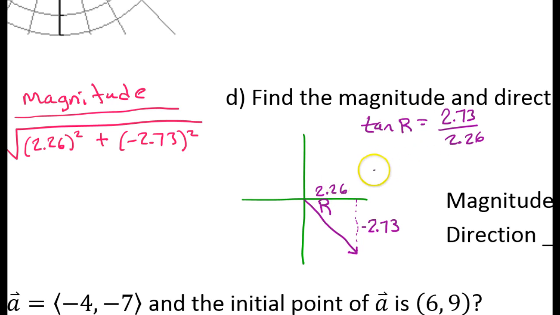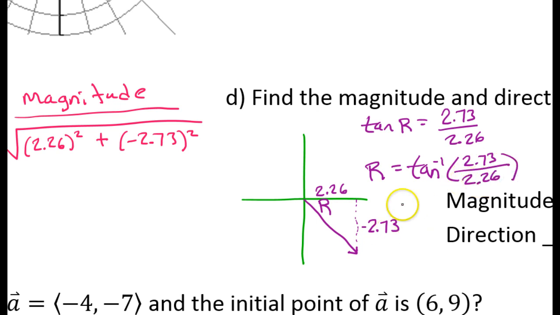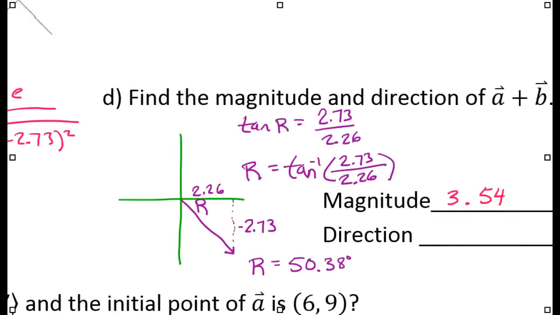So if I want to know the size of the reference angle, I will do the inverse tangent of 2.73 over 2.26. All right, let's see what this is. I'm going to put this in the calculator. So the reference angle is 50.38 degrees.